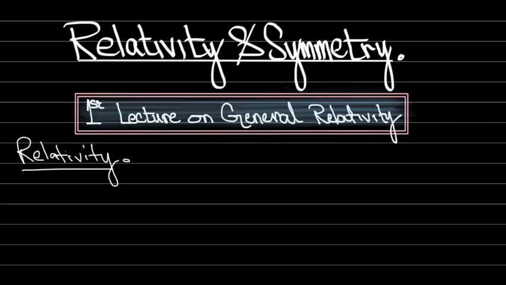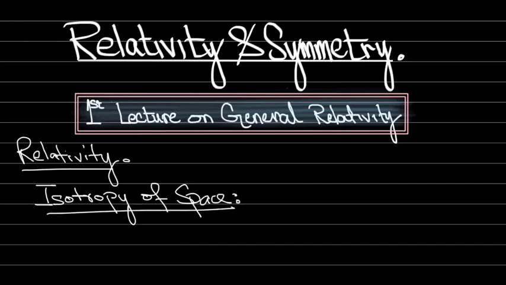So let's start with the first one, which is called the isotropy of space. And we will be needing these terms because we are talking about symmetry, right? Now, you will see what I mean.